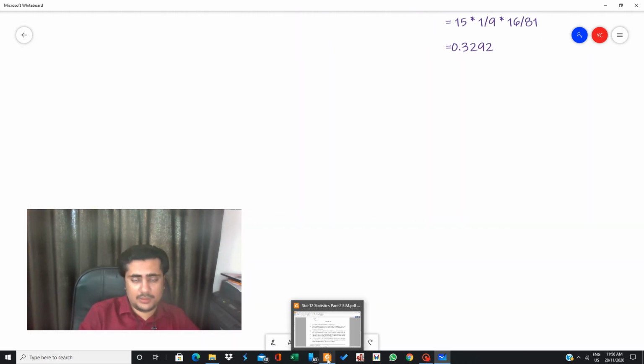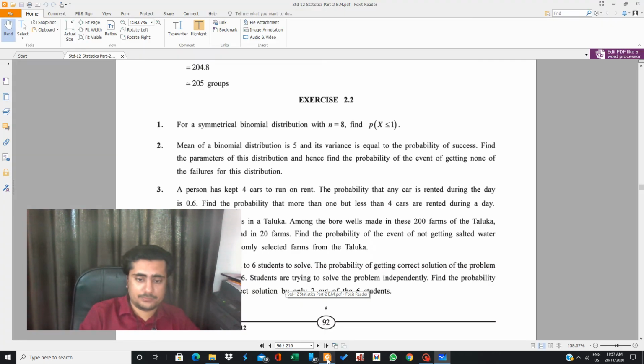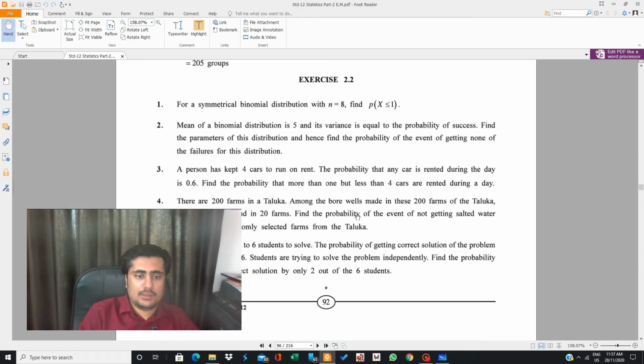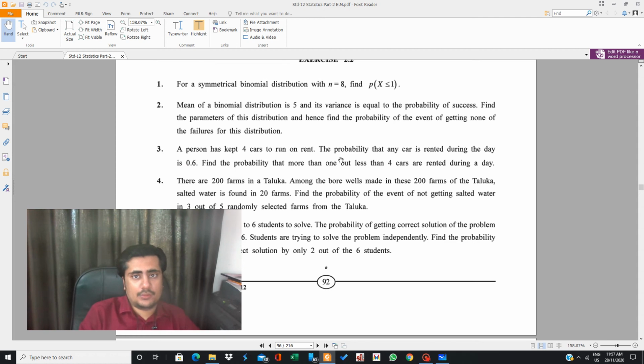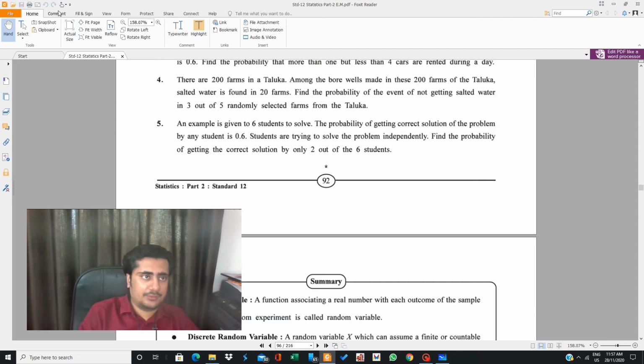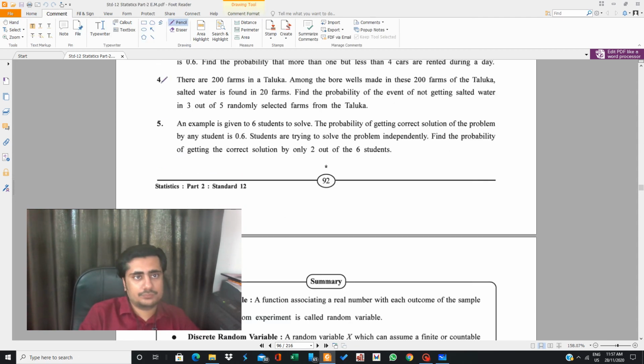Now today we are moving to the questions of the textbook. We are starting with exercise 2.2, sum number 5. I am reading the question first. An example is given to 6 students to solve.